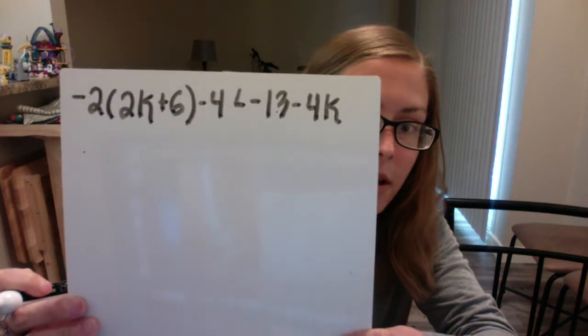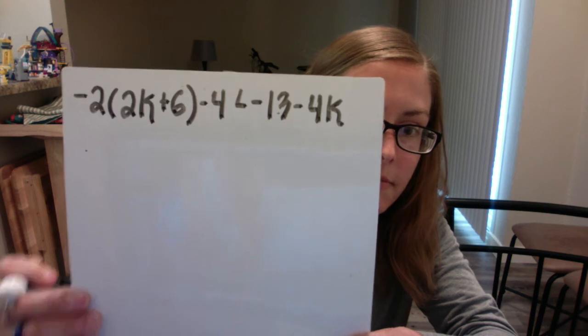We're going to start by adding 4 to both sides. And then we end up with -2 times the quantity of 2k plus 6 is less than -9 minus 4k.